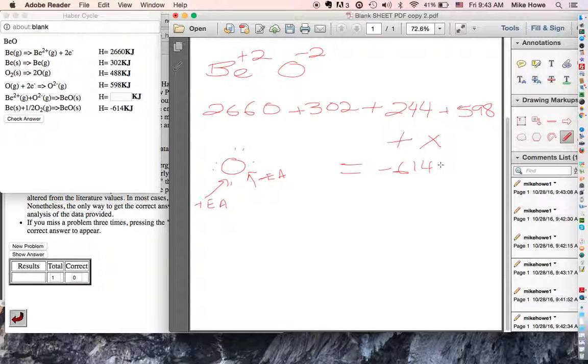I'm going to take a moment to pull out my phone and open my calculator app, and I'm going to add 2660 and 302 and 244 and 598. And when I do that, if I did it correctly, I get 3,804.